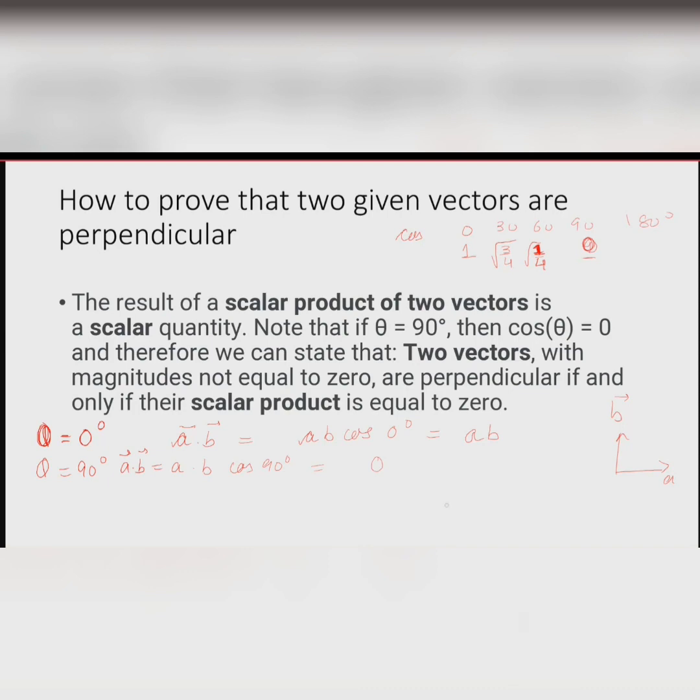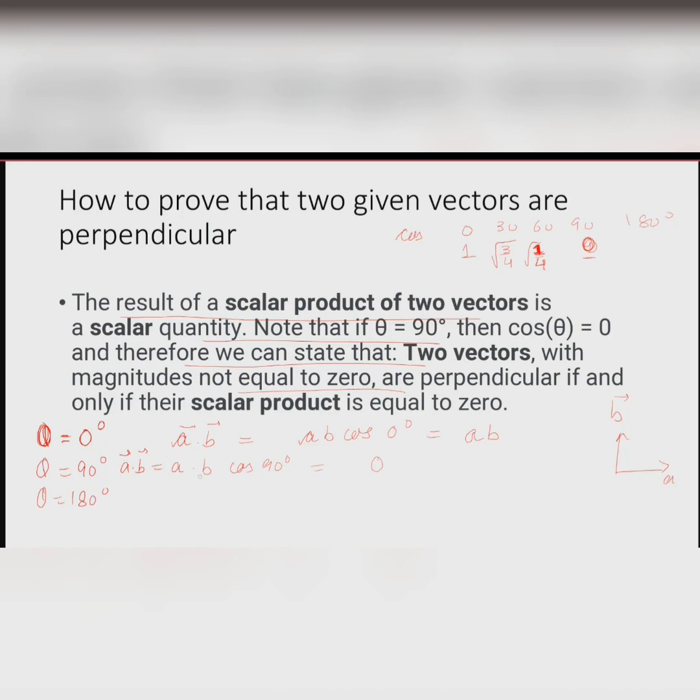Whenever two vectors are perpendicular to each other, their dot product is 0. And we are going to use it many times. Whenever we are given two vectors and we have to prove that they are perpendicular to each other, one of the techniques is to take the dot product. If the dot product comes out to be 0, it proves that the two vectors are perpendicular to each other. Fine. Then the other case that we can discuss is theta equal to 180 degrees.